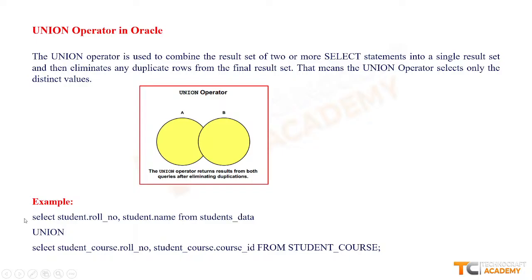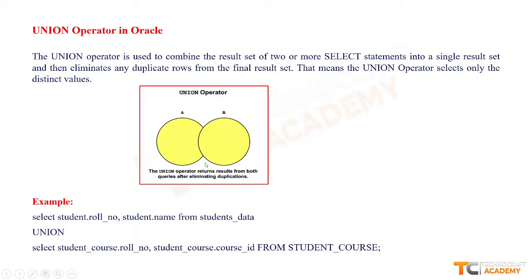If you see the example here, select student roll number, student name from students data, union. One table is students data, and the other table is students course. So we are getting the roll number and course IDs or student names from both tables.